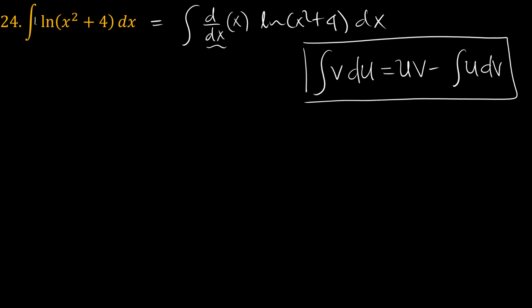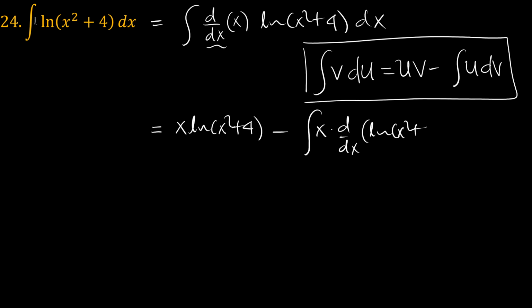So this is important. With that in mind, we now have x natural logarithm of x squared plus 4 minus, then we have x times the derivative of the natural logarithm of x squared plus 4, right?